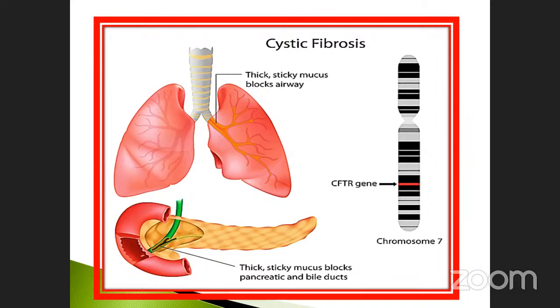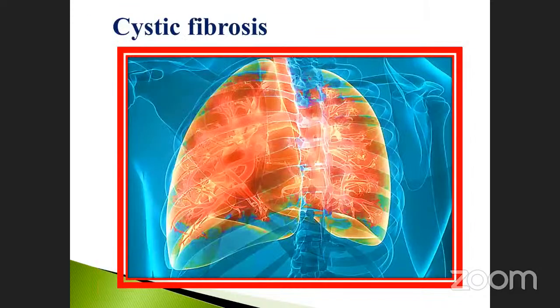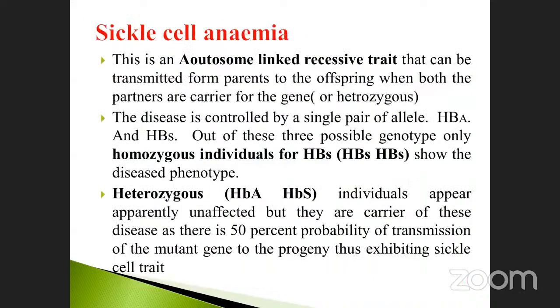The third letter of cystic is S, so 7 is also cystic. When you take an X-ray, when the person is suffering from cystic fibrosis, the lungs look like this. So this is also an important thing. And the third one is called sickle cell anemia.